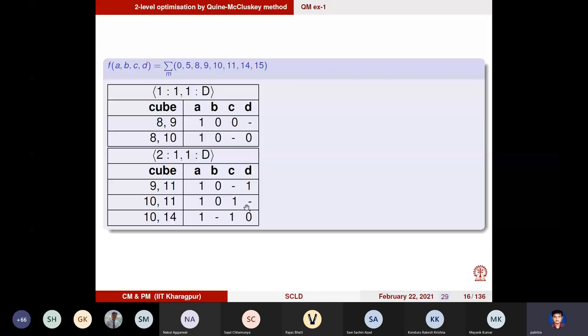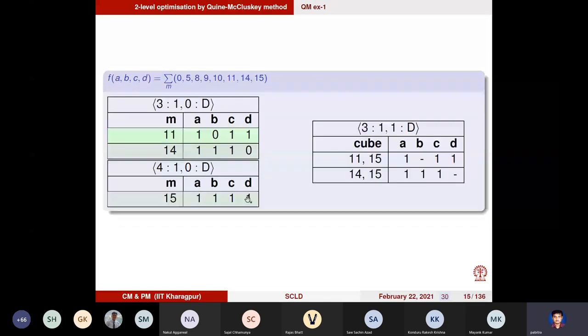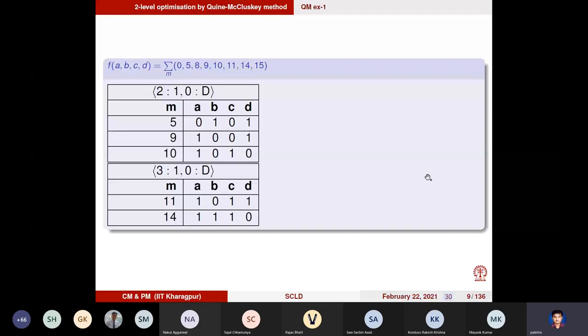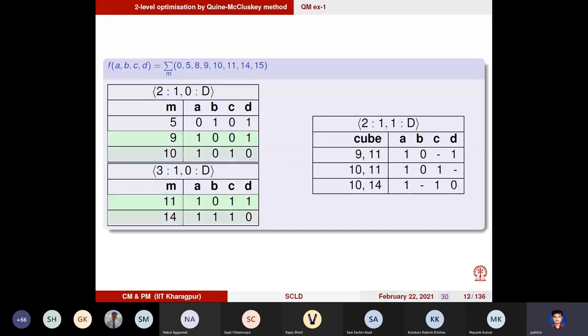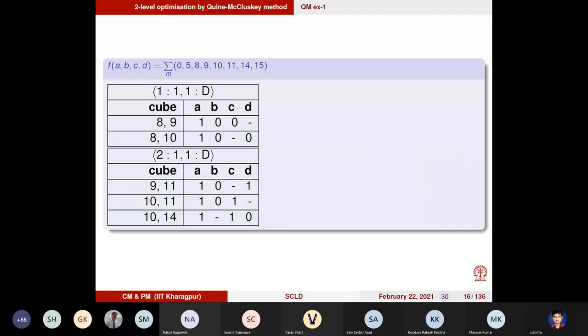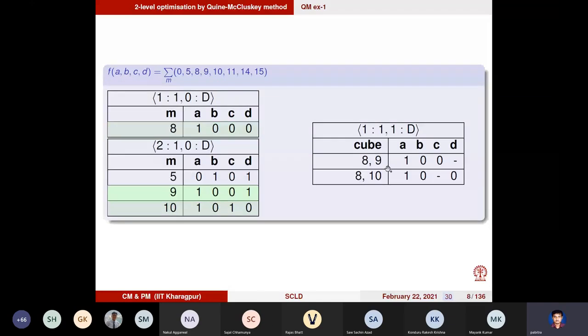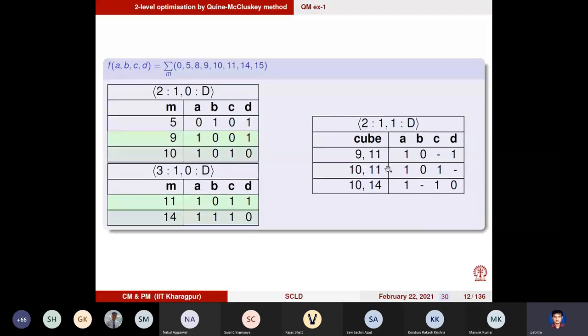So basically the ones that I got here, 3 1s and 1 dash, 2 1s and 1 dash, and 1 1 and 1 dash, this I am now reducing further. So this is 1 1 and 1 dash, 8 9 that I have got by combining 8 and 9. I'll do it.